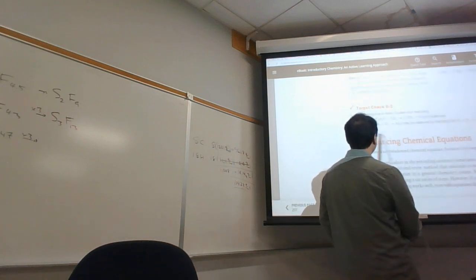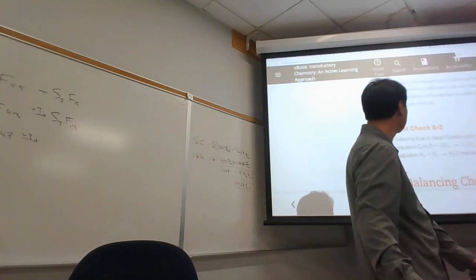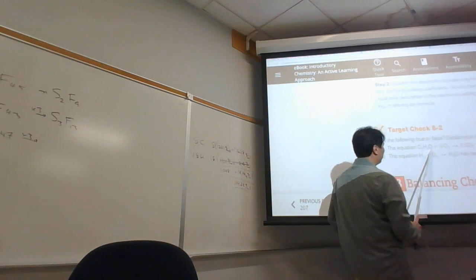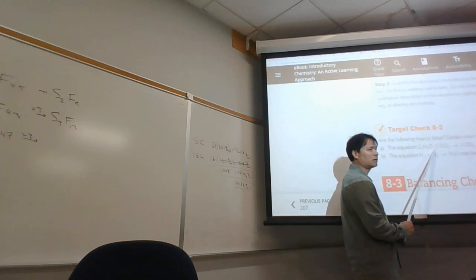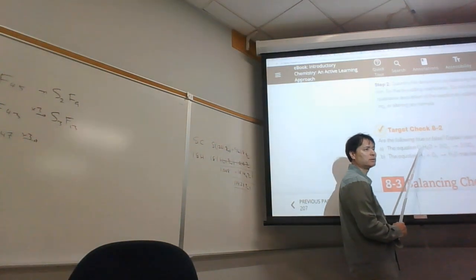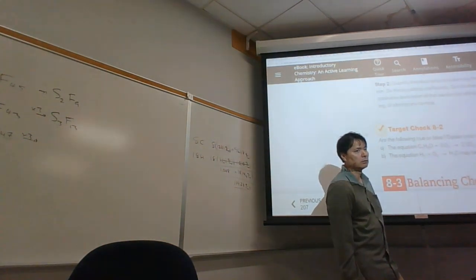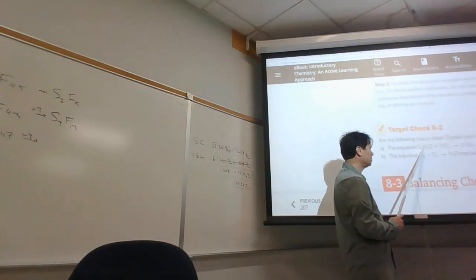So let's look at A here. Is that balanced? Now, the first thing is, can you name this? C2H4O. This is a molecular compound because it consists of all nonmetals. Carbon's a nonmetal, hydrogen's a nonmetal, oxygen's a nonmetal. But this is not binary. What's the difference between this and a binary molecular compound? This has 3 different elements. So if it has 3, we don't bother to name it.